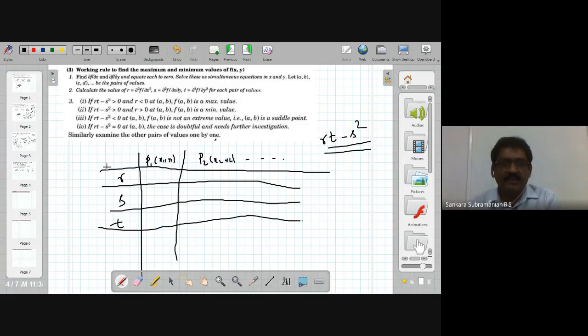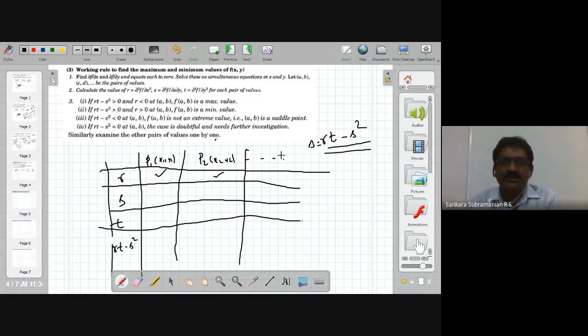RT minus S square. Sometimes in your book they call it a discriminant, but it is delta. This is going to give some decision making, whether it is greater than 0, less than 0, or equal to 0. So the next step is to find R times T minus S square. Where is R, sir? R is ∂²f/∂x² at the point (x1, y1), and then at the point (x2, y2).